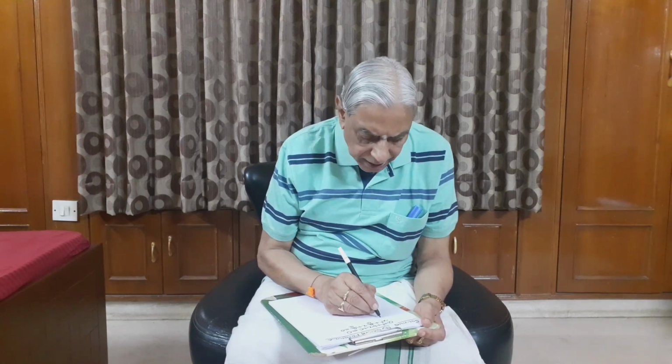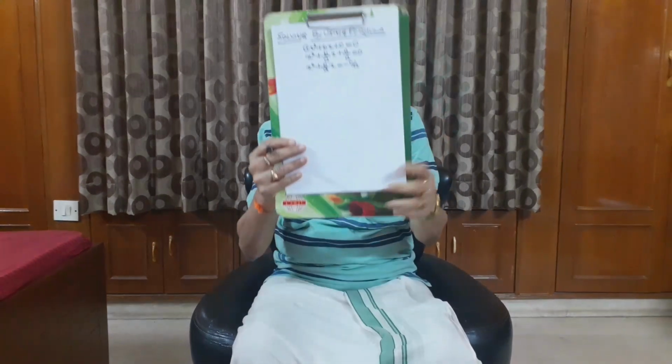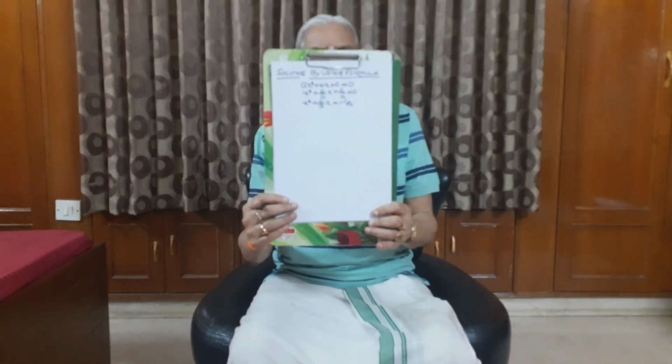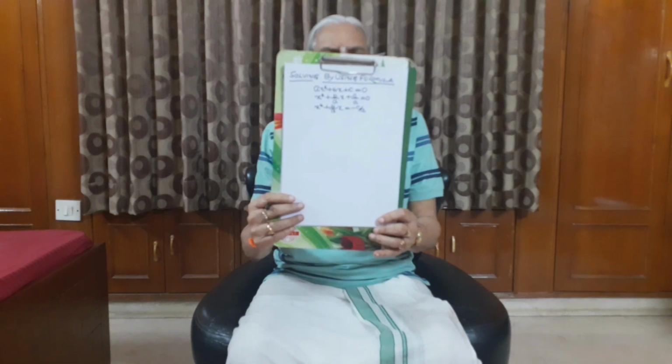Then what is the next step? Transfer c by a to the right hand side. That is a constant. Write down x squared plus b by a of x equals minus c by a. I have transferred c by a to the right hand side, so it becomes minus c by a.